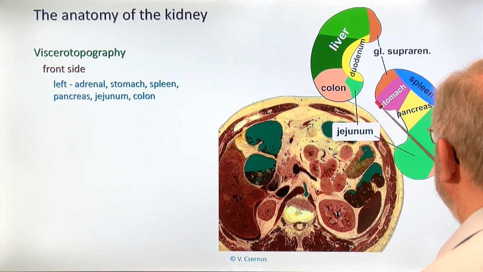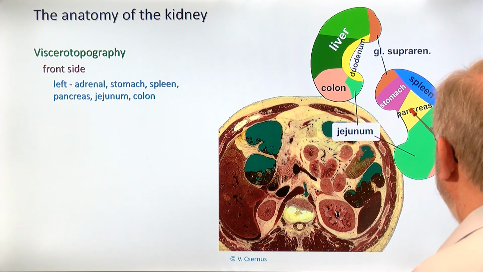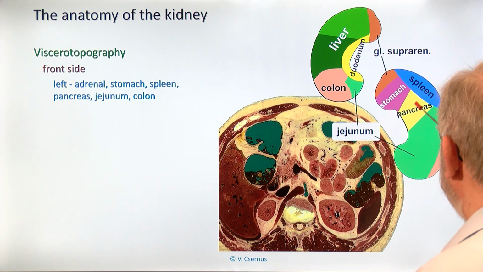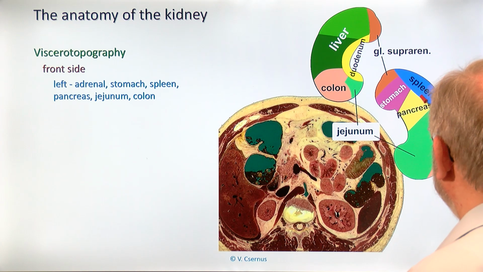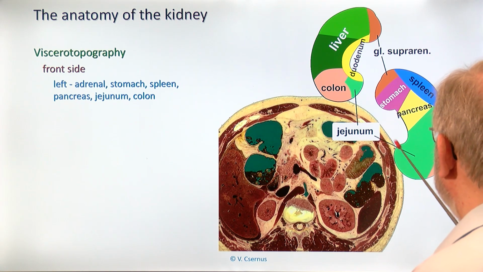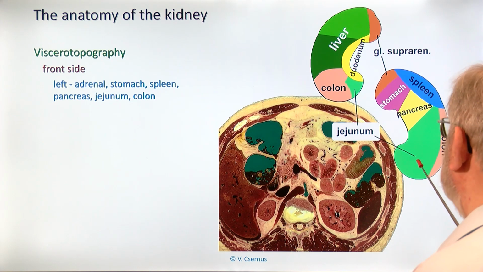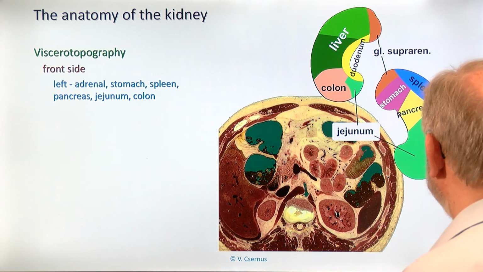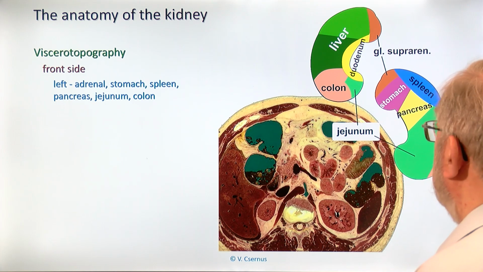This is a little area in contact with the stomach. As you know, the tail of the pancreas is going to the hilum of the spleen, consequently passing in front of the left kidney. The major area in the lower part is in contact with the jejunum, actually through the capsule and the peritoneum, of course, and also in front of that we have the colon.